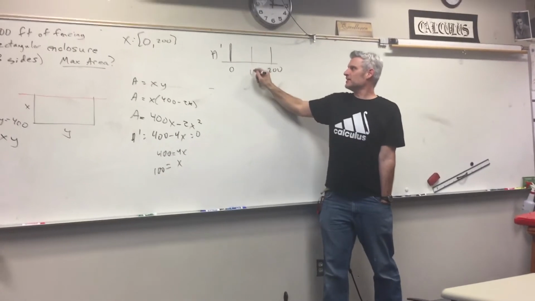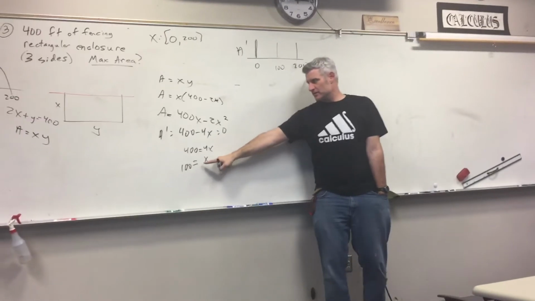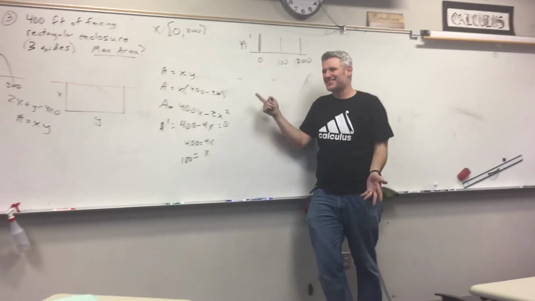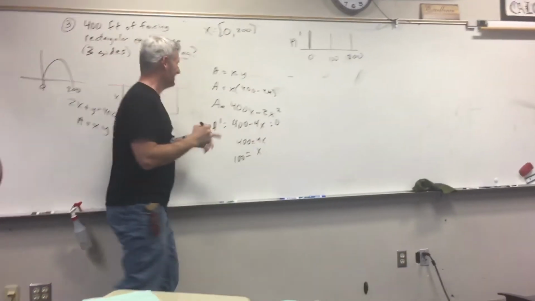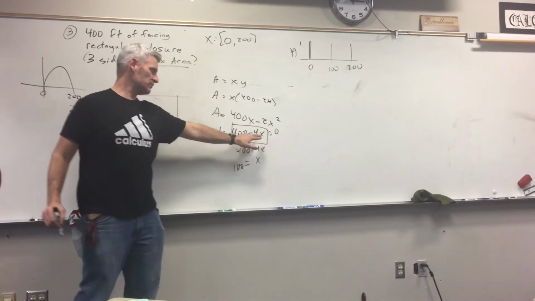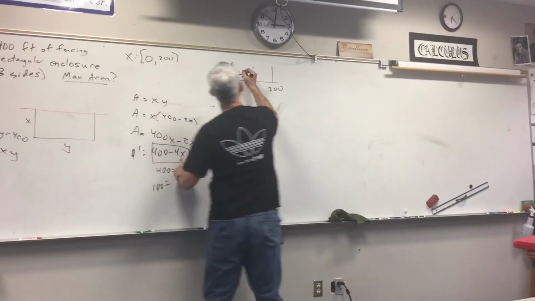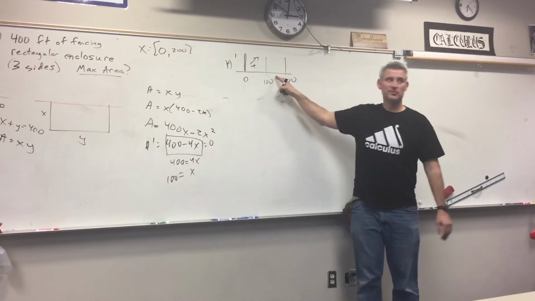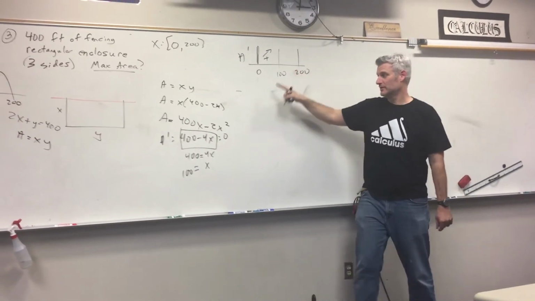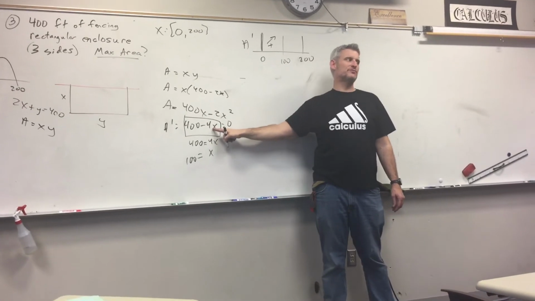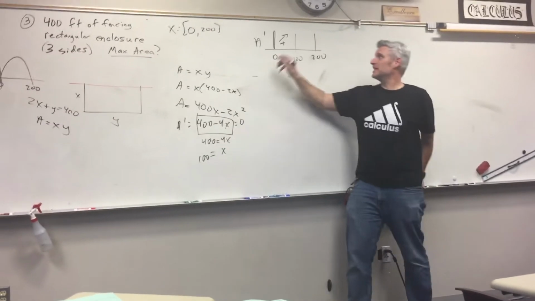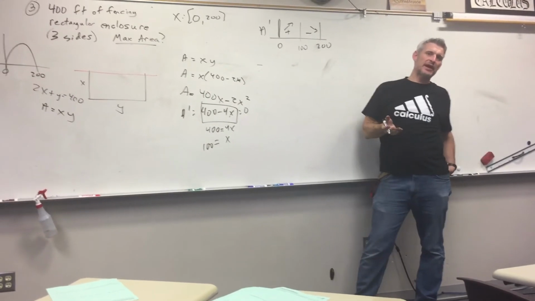If you're testing around 100 and you take a number less than 100, say 50, then 400 minus 200 is positive. A number in between 100 and 200, like 101? 400 minus 404, actually, who cares what it is, right? If it's a little bit bigger than there, that's going to be negative. Hey, look, I just proved it's a max.